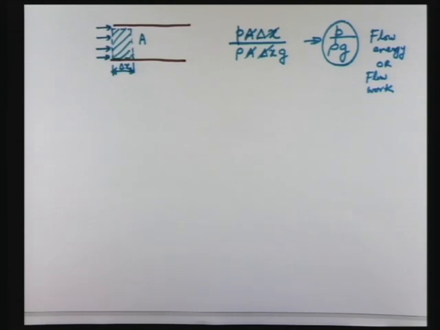So to summarize, what is the physics of the Bernoulli's equation? The Bernoulli's equation has three energy terms, which in summation is called the mechanical energy. One is the kinetic energy per unit weight, another is the potential energy per unit weight, and the third is the flow energy.